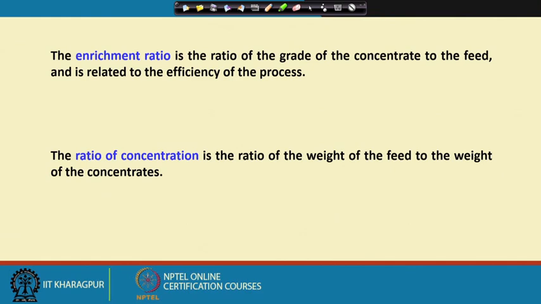Another term we use is called the ratio of concentration. What is the ratio of concentration? It is the ratio of the weight of the feed to the weight of the concentrate. Why is it required?